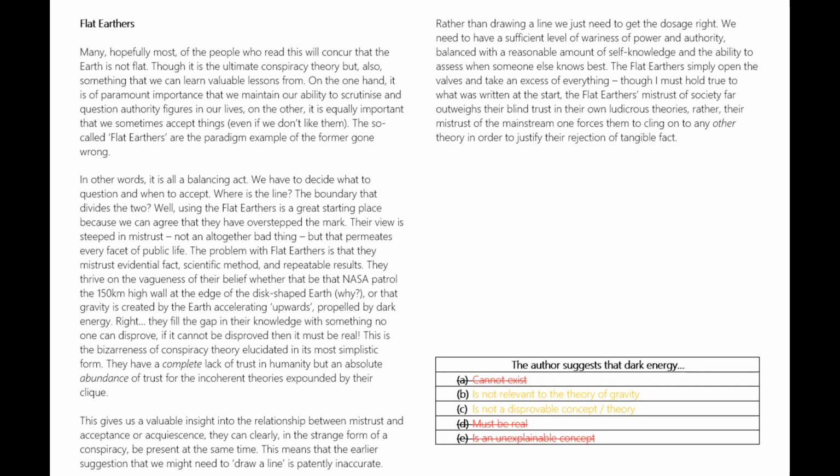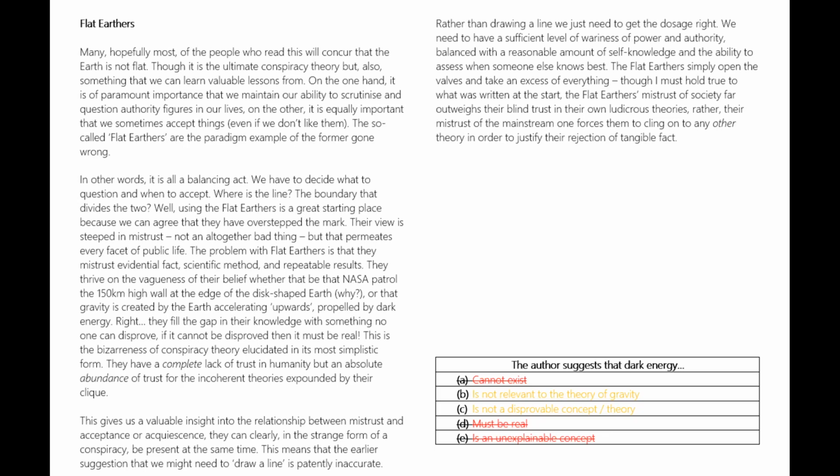We are left having to choose between B and C, and it's quite tricky. It ultimately boils down to which answer can we be more certain of. Well, we can be certain that the author's view is that dark energy cannot be disproven, for the reasons we talked about, and the line, they fill the gap in their knowledge with something which no one can disprove. Can we be equally certain of B?